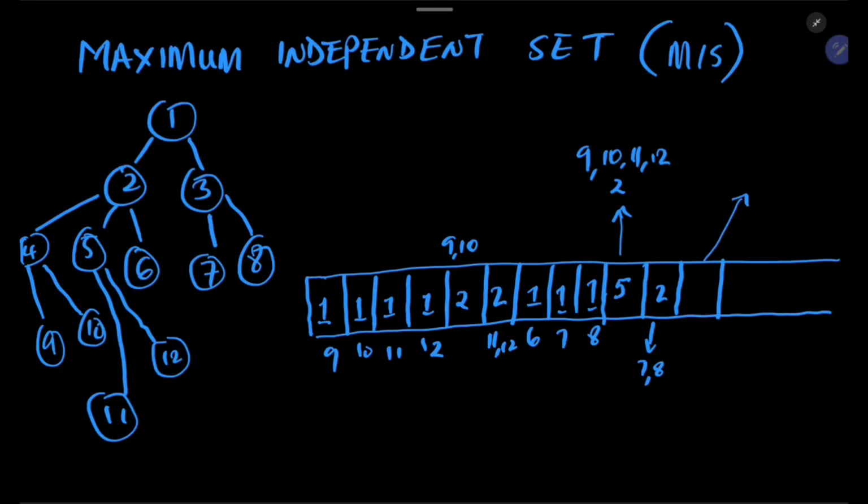Let's say we went with everything on the leaf nodes: 9, 10, 11, 12, 6, 7, 8.